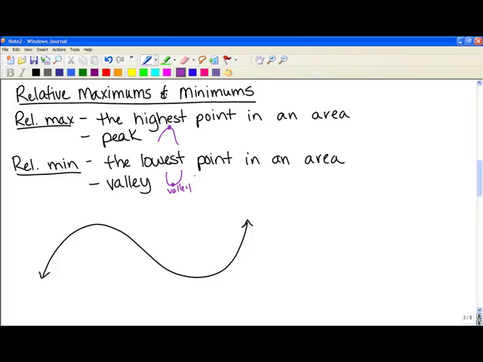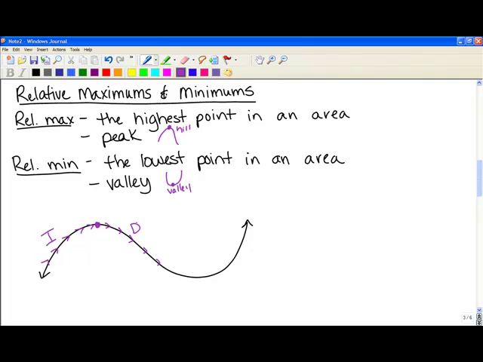So this would be our valley, this would be our top of our hill up here, or the peak of it. So looking at this graph that I drew at the bottom, you can see that the function is coming up, so it's actually increasing as we head towards the right. And it increases to a certain point, and then it starts to go down and decrease.